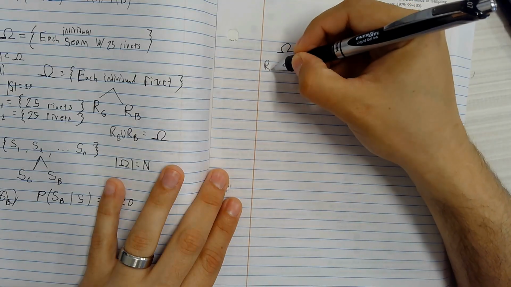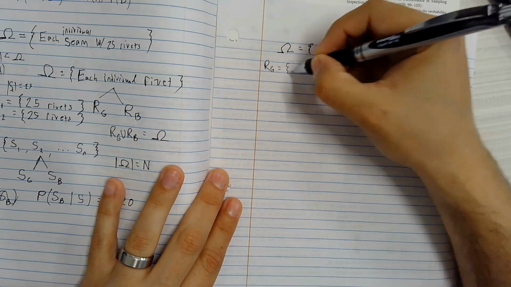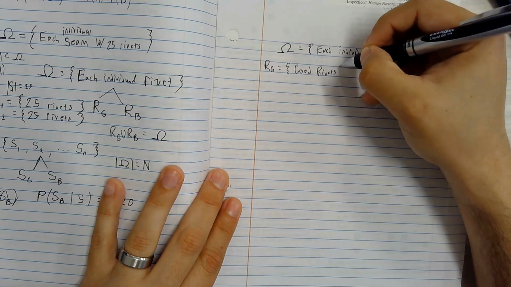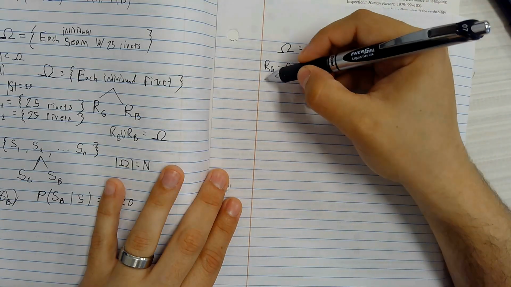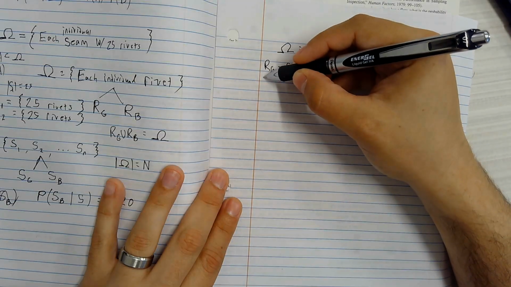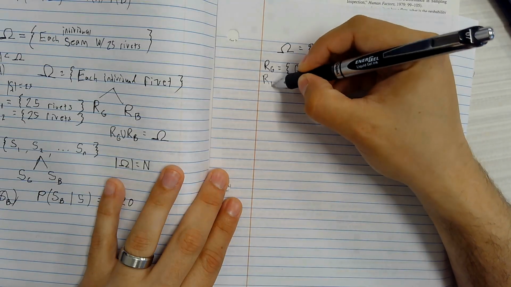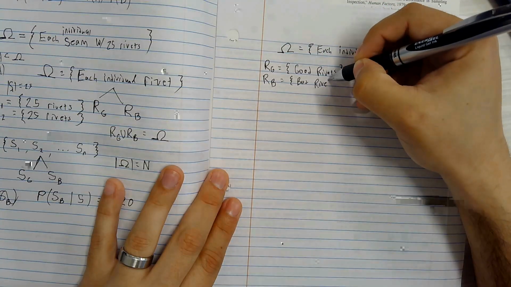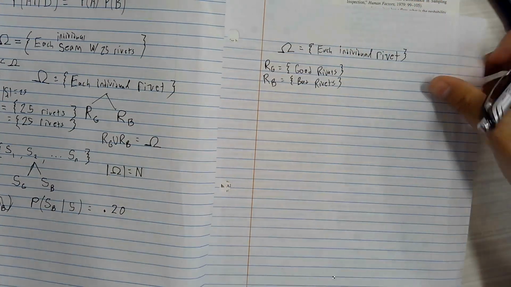Okay, and then we'll define RG to be the good rivets, and then we'll define RB to be our bad rivets.